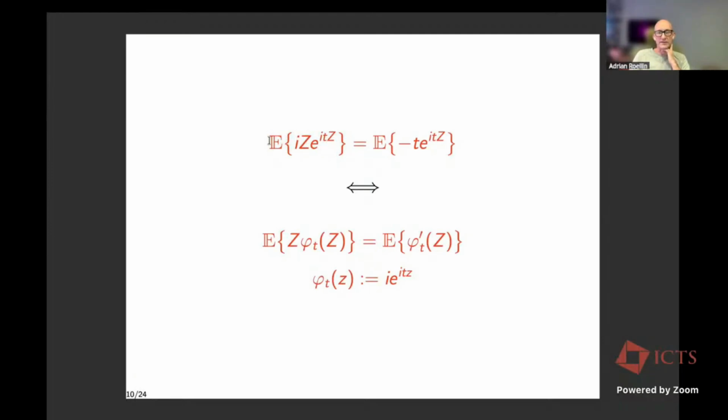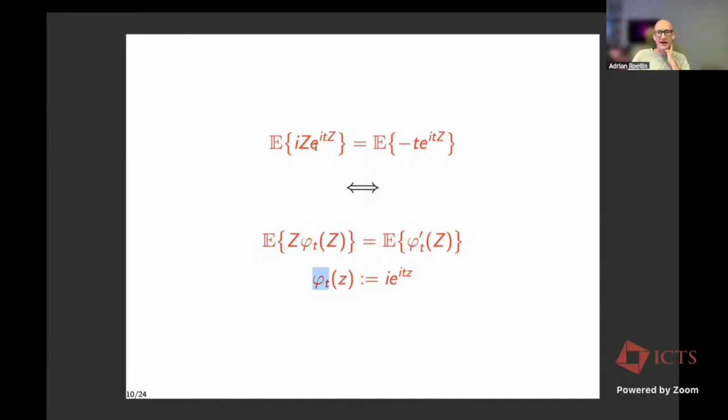And what he noticed is that we can rewrite this and hide the complex exponential function. He defined phi sub t as i times e to the itz, and you notice that the left-hand side can be written as z phi sub t of z.